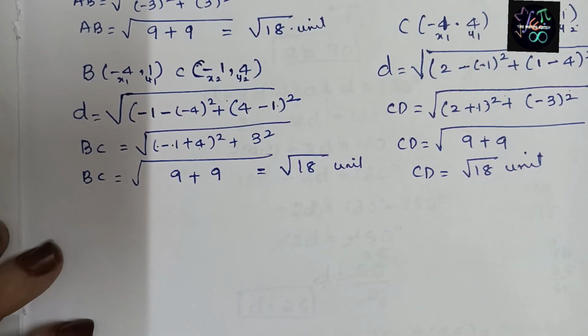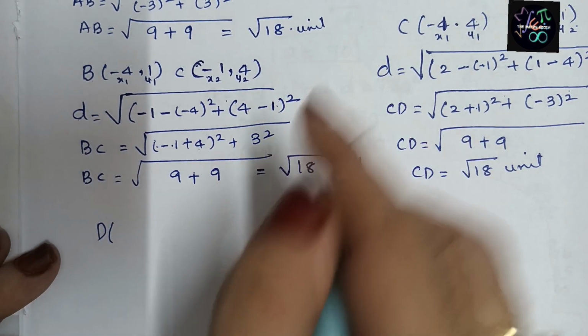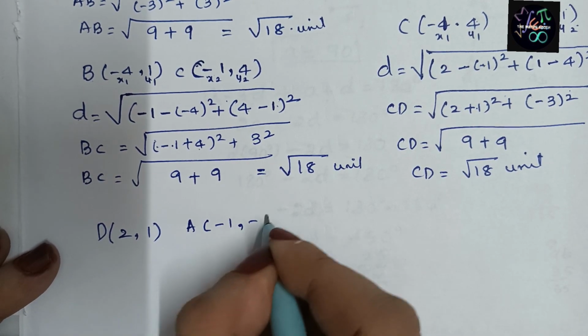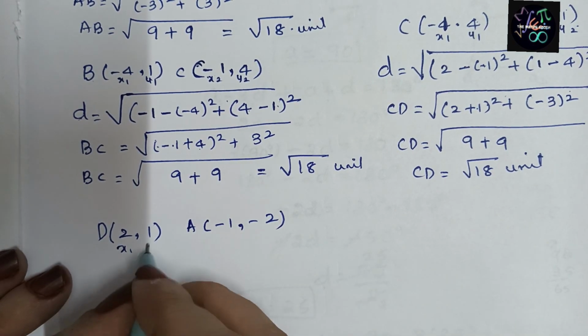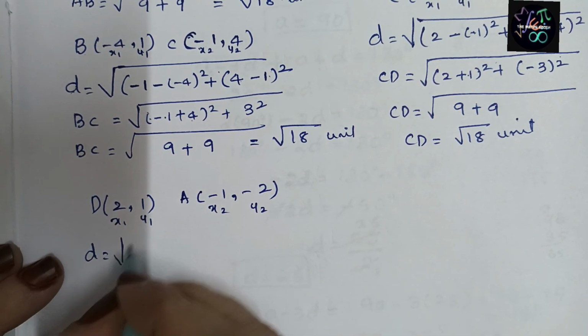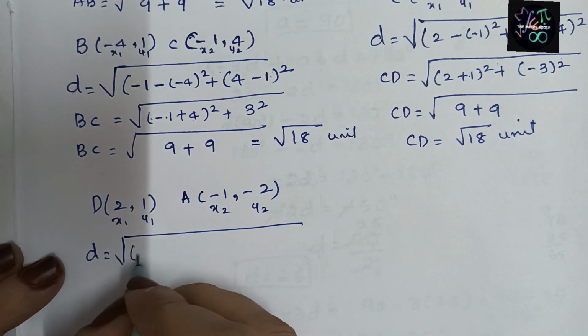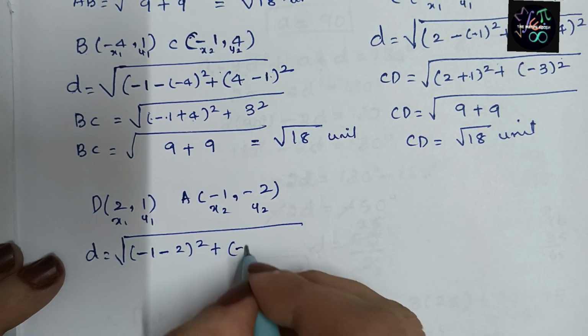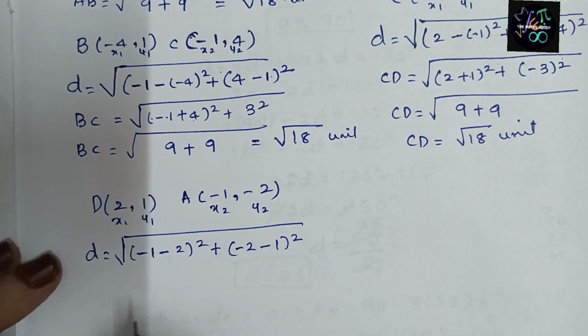Next we will go for DA. D point is (2, 1) and A point is (-1, -2). x1, y1, x2, y2. What is the distance formula? (x2 minus x1) whole square plus (y2 minus y1) whole square.